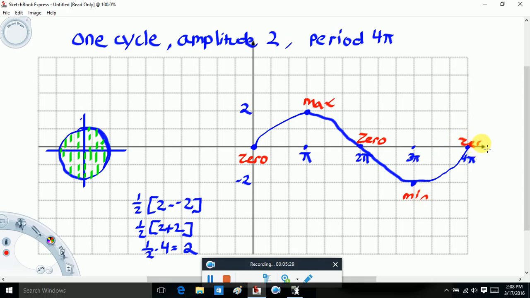So let's just say you have y equals a sine of b theta. So now you have a coefficient in front of theta.